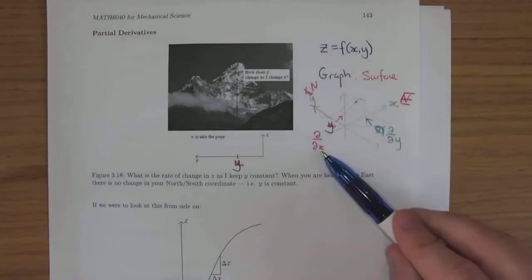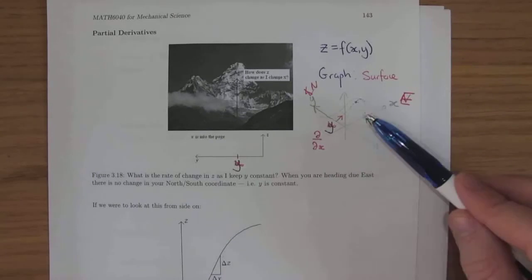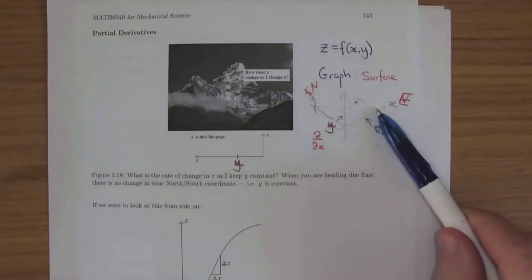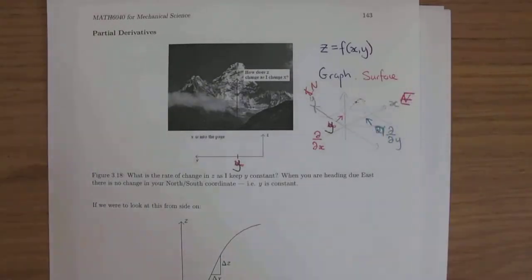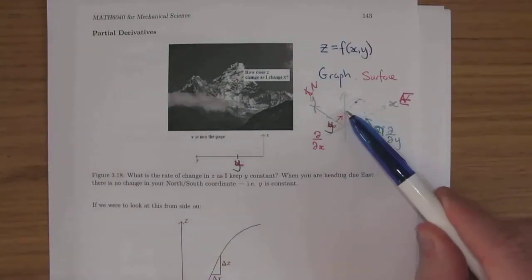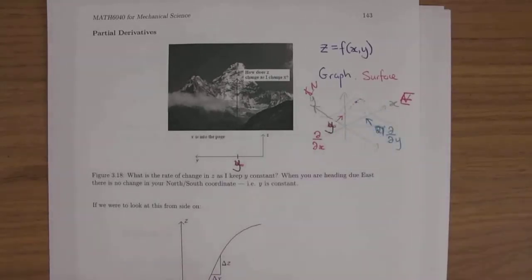What it means is that only x is changing. y is kept constant. So in this setup where this is x and this is y and this is the graph of the function, the partial derivative with respect to x says how does z change as x changes. So you just go along the x direction, but y is kept constant.